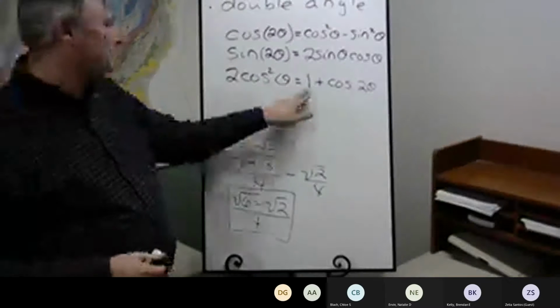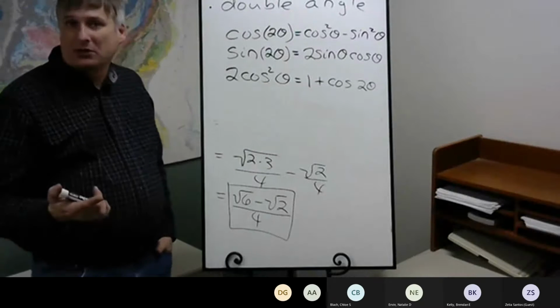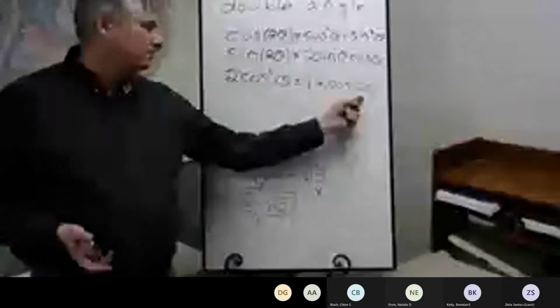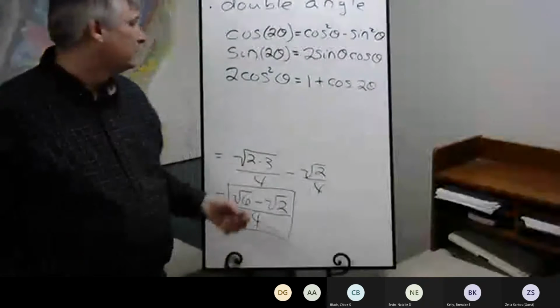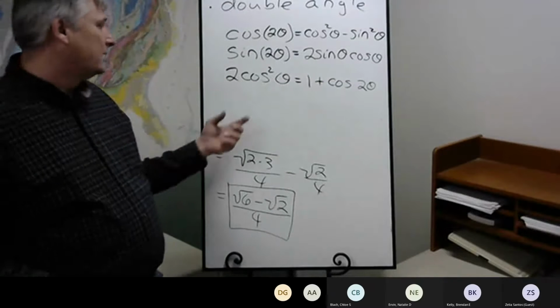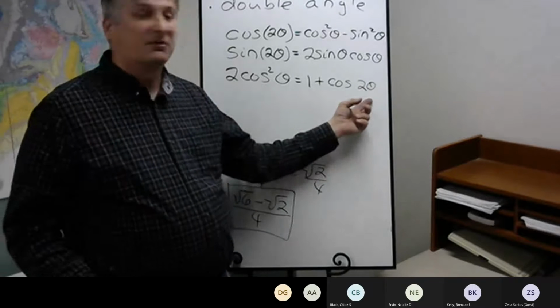So this is going to be extremely helpful when we get into, again, integration. We're going to have formulas for integrating the cosine of some angle and the sine of some angle. It's a little trickier to do cosine squared. So instead of trying to integrate cosine squared, we're going to integrate this instead.